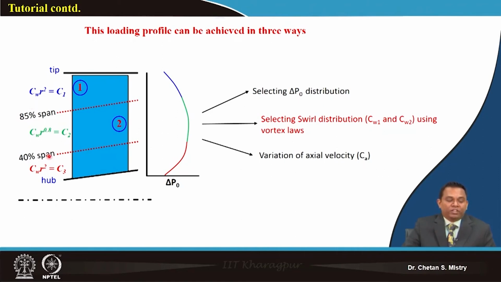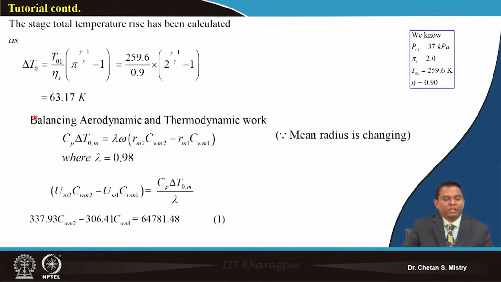At the mid region between 40% span and 85% span we will be taking Cw into r to the power 0.8 equal to constant. Now, once this is decided, we need our whirl velocity component at the entry and at the exit. Then only will that law be applicable.